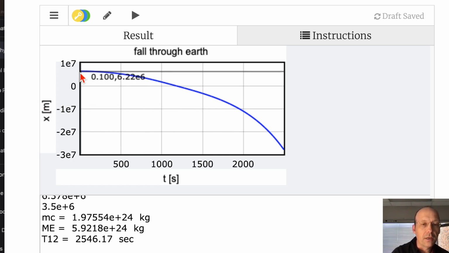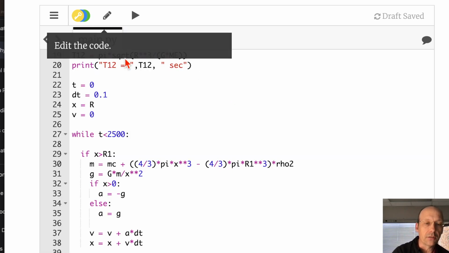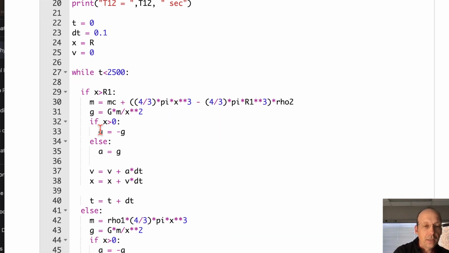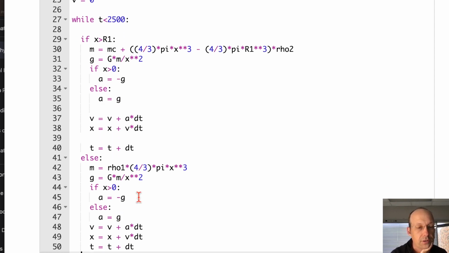So see, there's 6.62, and it doesn't come back. Okay, so there's something wrong with my calculations. It's blowing up. So it's somewhere over here. If x is greater than 0, the acceleration is negative g. Otherwise, it's g. So if x is greater than 0, that's right. And over here, x is greater than 0. A is g.